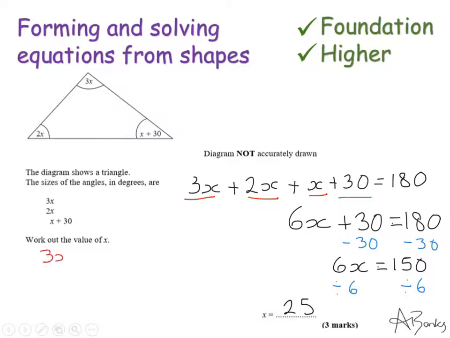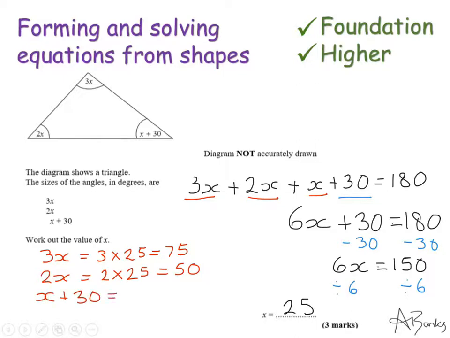Well, 3x would be 3 times 25, which is 75. 2x would be 2 times 25, which equals 50. And x add 30 would be 25, add 30, which would be 55. So the size of the largest angle would be the 75 here.